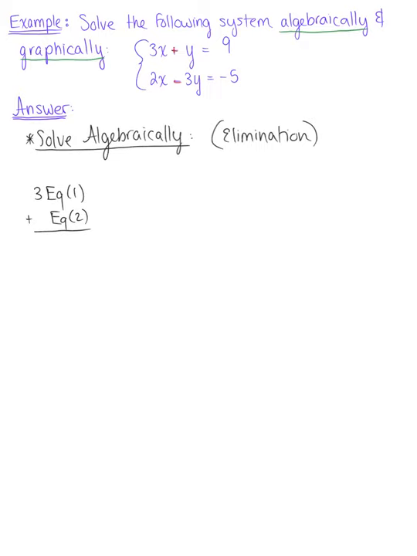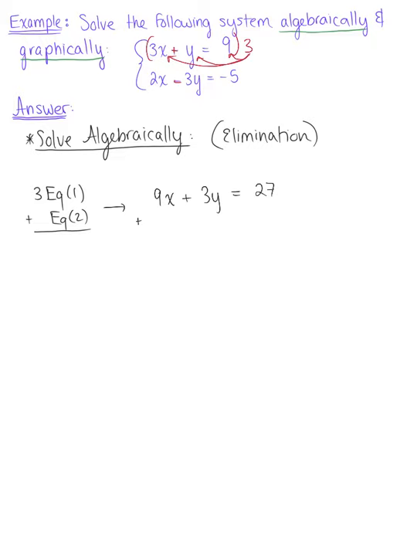Just keep in mind that when you're multiplying equation 1 by 3, we have to be sure to distribute that 3 through to each piece of our equation. So equation 1 will become 9x plus 3y is equal to 27.